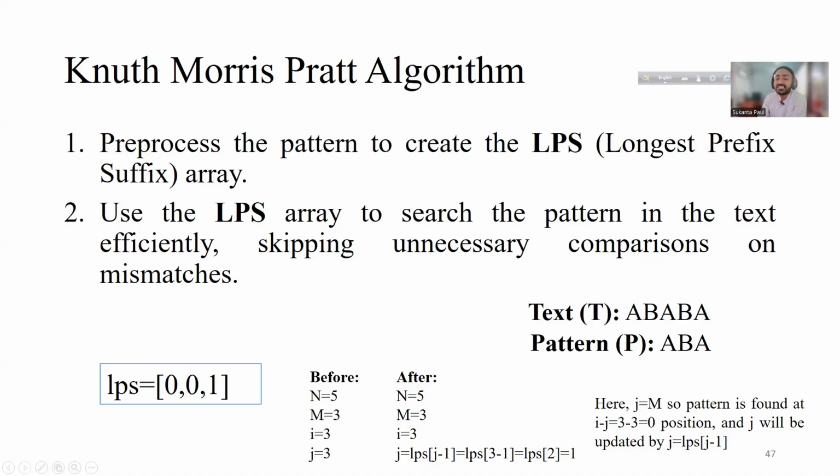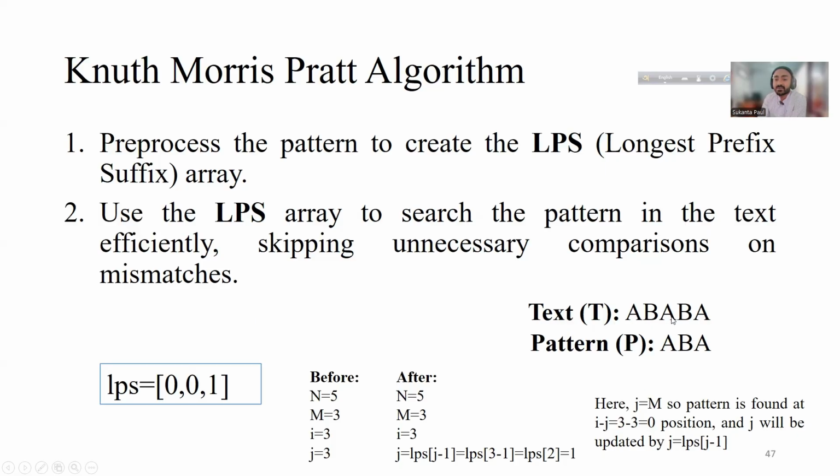Here we see that the value of j is equal to the value of m, which means we have found the pattern. At which position? We get the pattern at position i minus j, that means 3 minus 3 is equal to the 0th position.